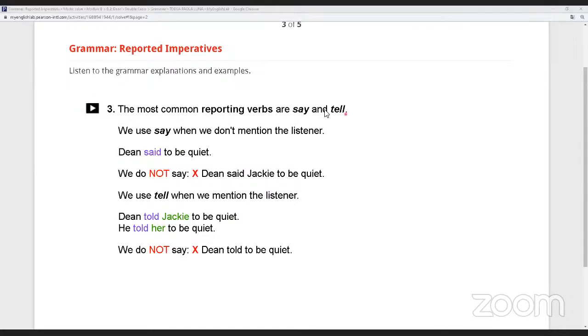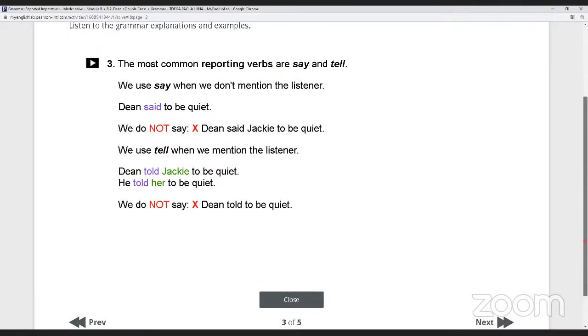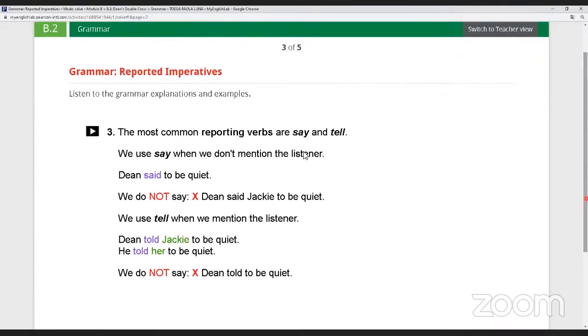So do you have any question until this part? No, I think that I know that we only have to use say, and it's a rule that we don't have to mention the listener, right?